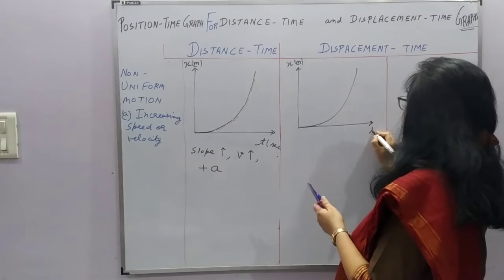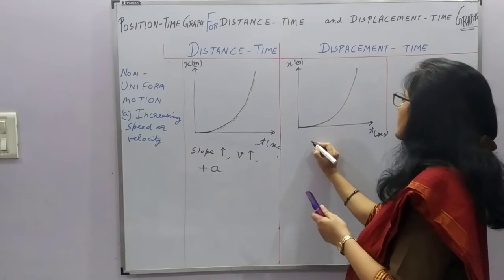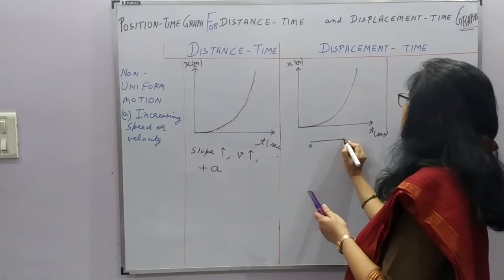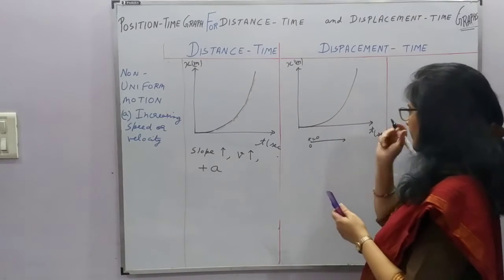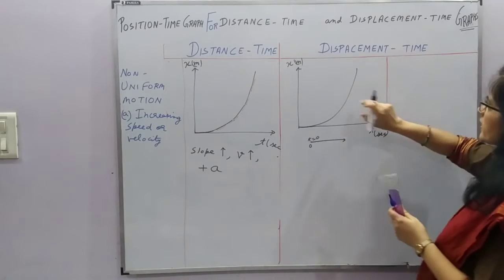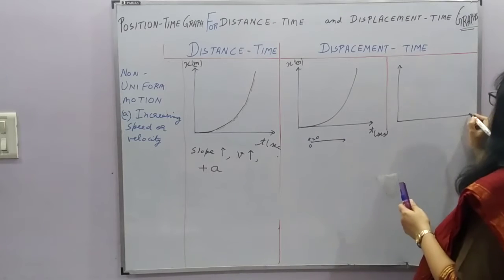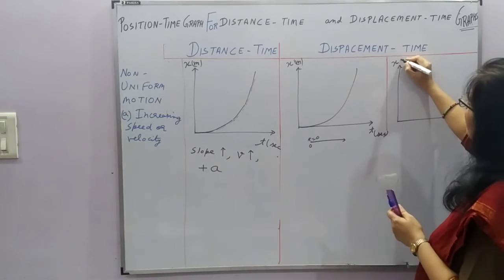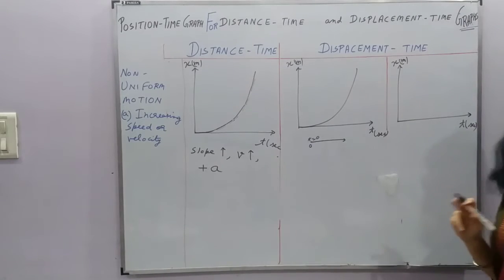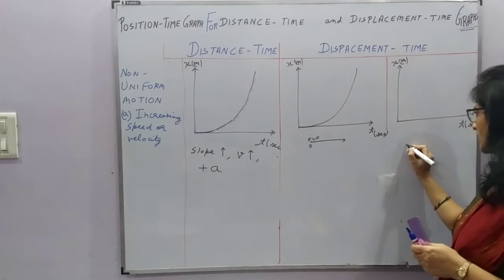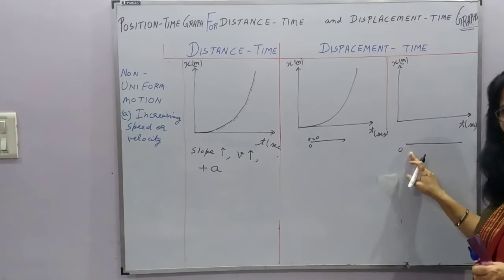This is the case when we have this origin and the position is increasing with time. And when we have this graph where the position is decreasing with time, what does it mean? We are discussing in terms of position with respect to the origin.